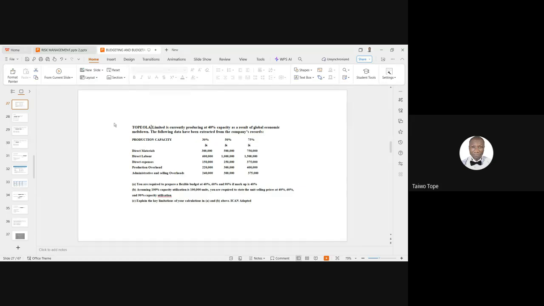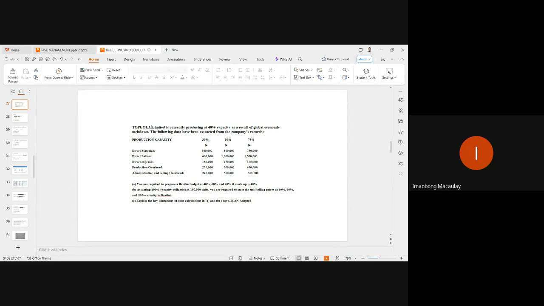Your total cost based on production overhead at 30% is what? 220,000. Fixed cost is 100,000 still, sir. Fine. Your total production overhead at 30% activity level is 220. So 220 minus 120.